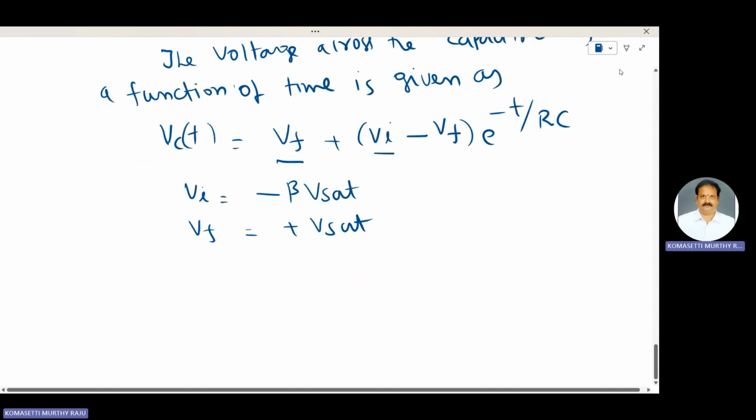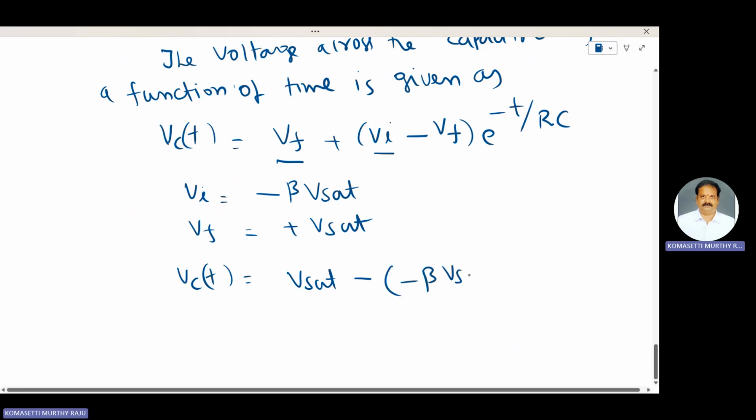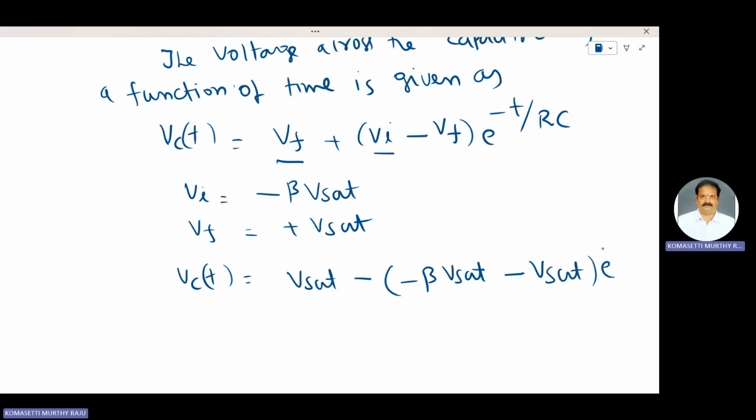Substitute these two values in the above equation: Vc of t is equal to V sat minus (minus beta V sat minus V sat) e power minus t by RC.